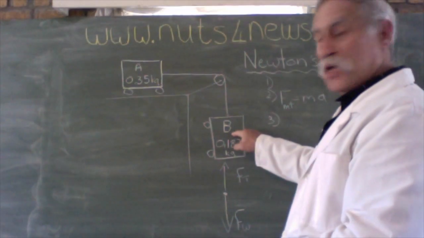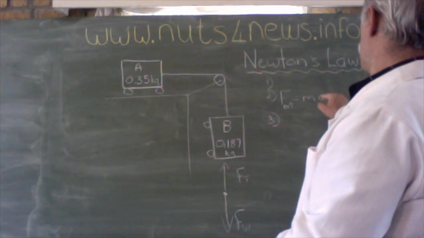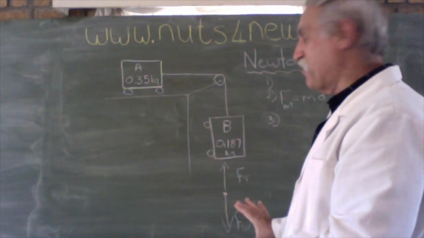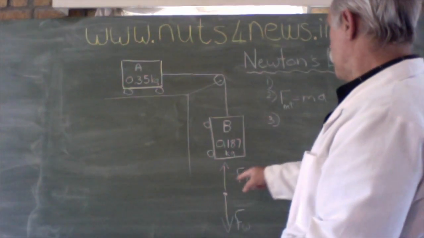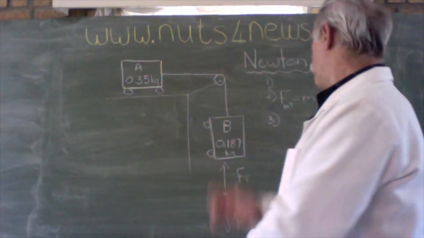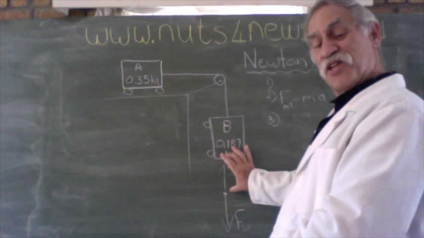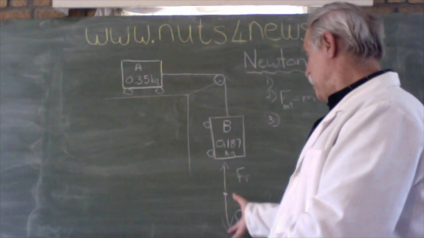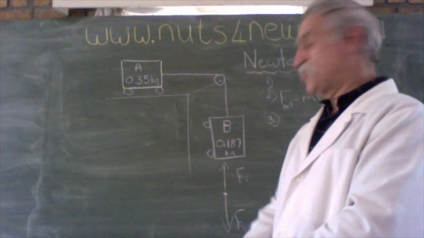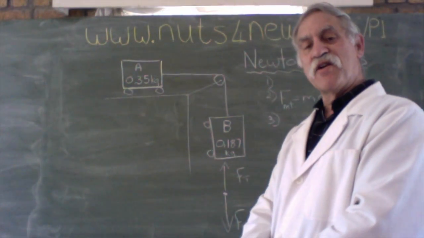What's the mass of B alone? 0.187. And we know the acceleration of B because we've observed it was 2.25. So now we can find what this one plus that one's net force is, and so now we can calculate the force of tension, since we already know how to turn 0.187 kilograms into a weight by multiplying it by 9.8.